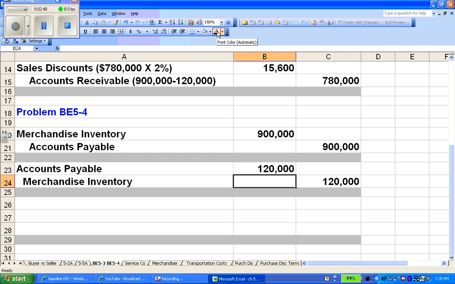And here's my merchandise inventory. I'm going to reduce my inventory for the amount of the items that I returned back to Monroe. So in effect, you're just reversing the entry that you made in A, but for the amount that you returned. You purchased $900,000 worth, and you're returning $120,000 worth.